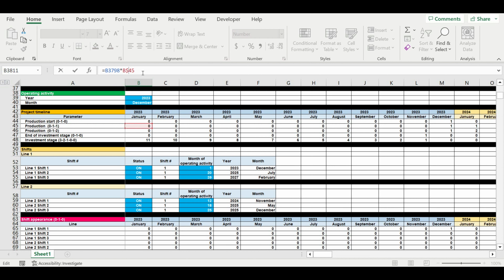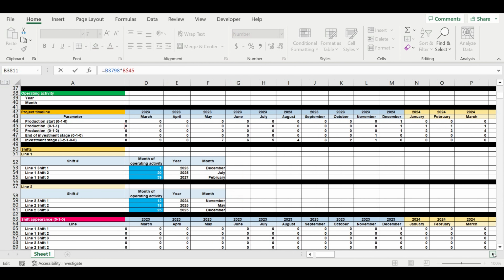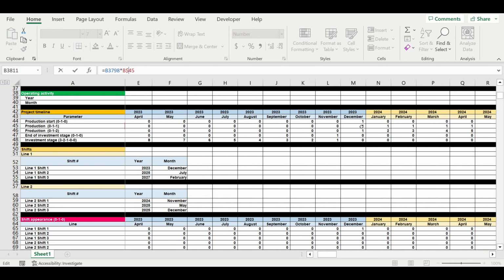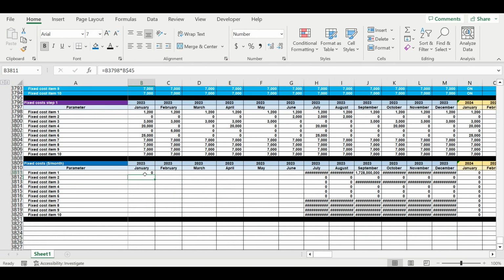So 0 means that we don't have operating activity at this moment. 1 means that we have an operating activity at this moment. So if we look at December 23, in this line, this will be the moment when we start operating activity. Now I'm pressing enter, and I will be extrapolating this formula to the bottom and to the right.